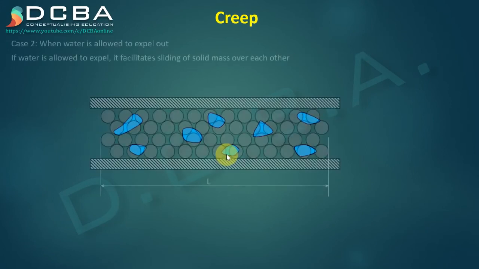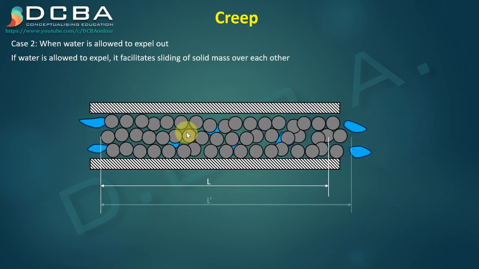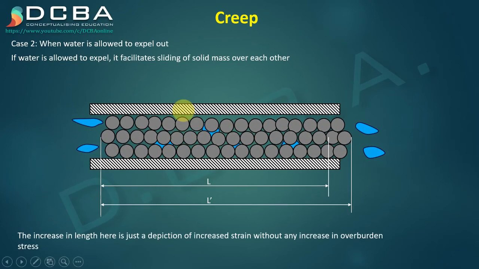But consider a case where we can allow the water to move out of the system. If water is allowed to expel, it facilitates sliding of solid mass over each other. So now see, when a load is applied on this, you saw what happened.